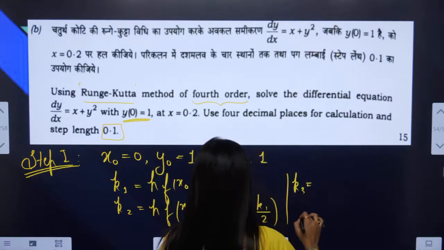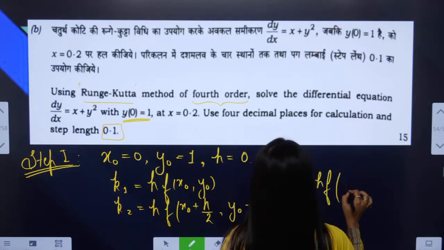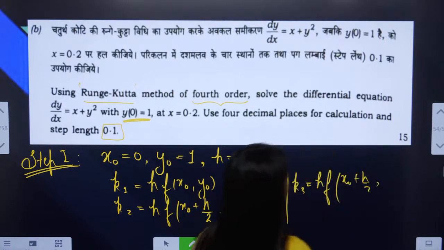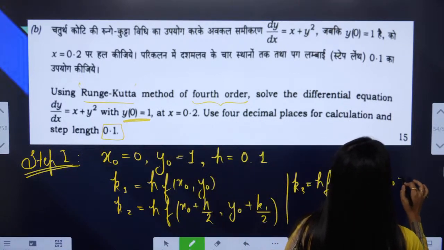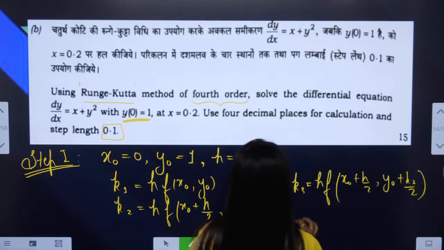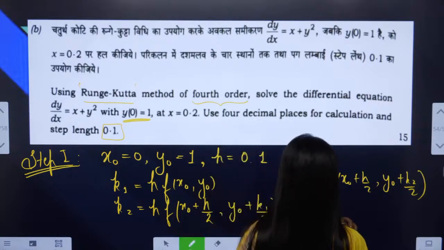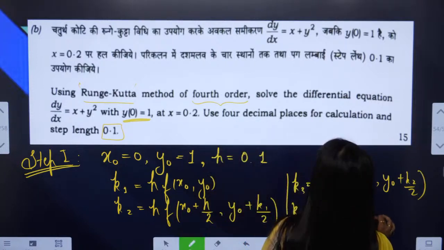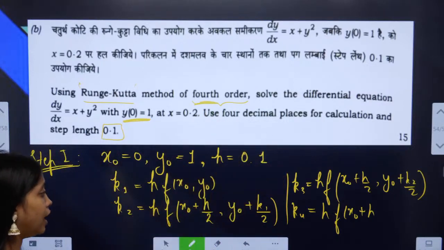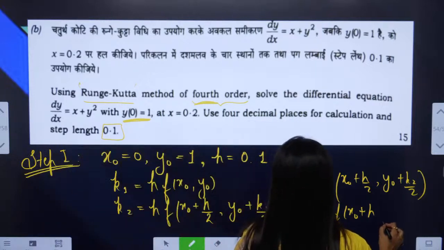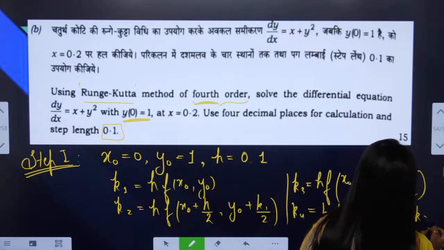K3 requires your K2, so this is h times f of x naught plus h by 2, and y naught plus K2 by 2. For K4, you have h times f of x naught plus h, because we are in 4th order, and y naught plus K3.